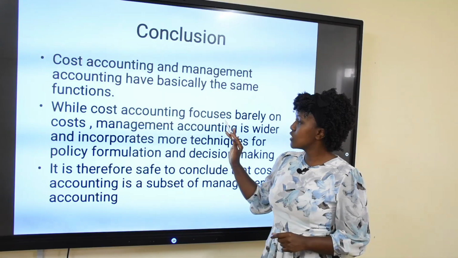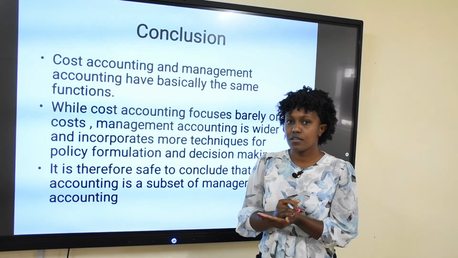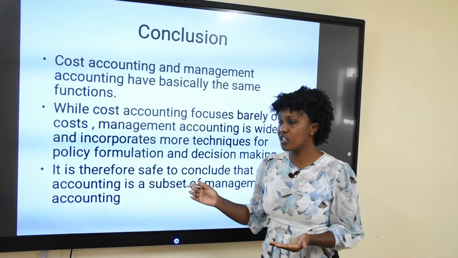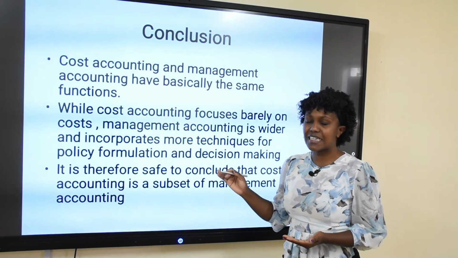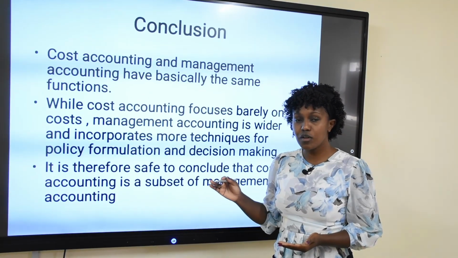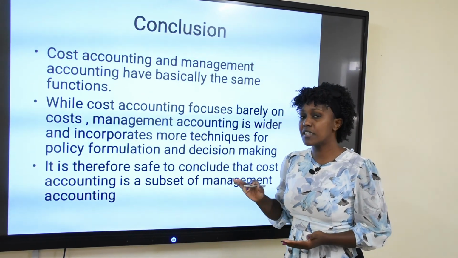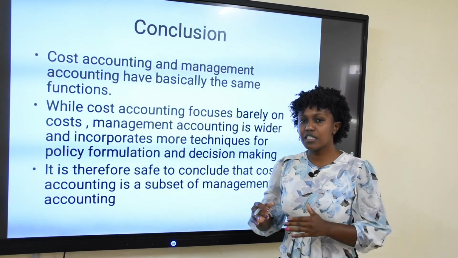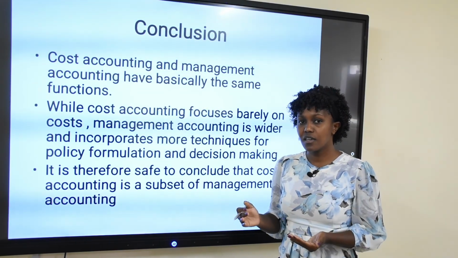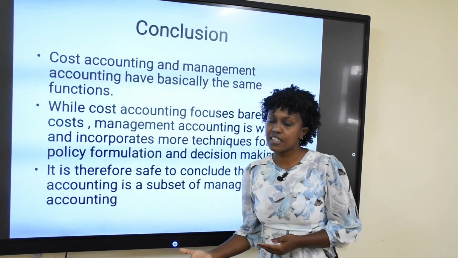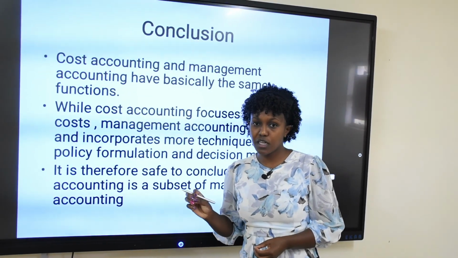Now, while cost accounting just focuses on costs, management accounting is broader. It focuses on policy formulation. It incorporates other techniques that enable it to be a decision-making tool. Therefore, it is safe to conclude that management accounting is wider, it is bigger than cost accounting, and therefore that cost accounting is just a subset of management accounting.